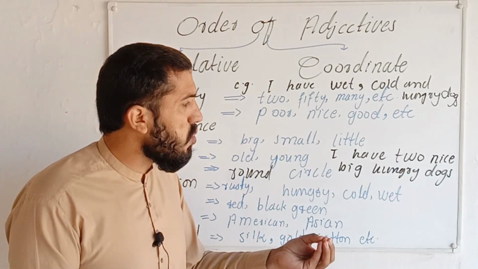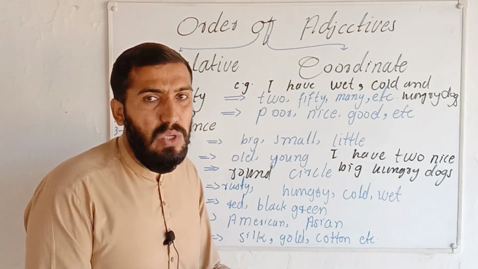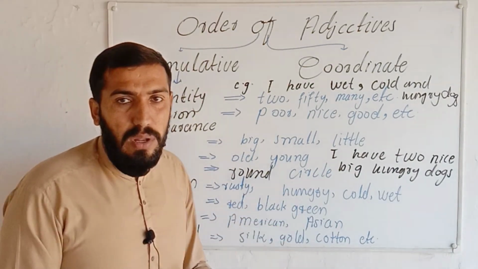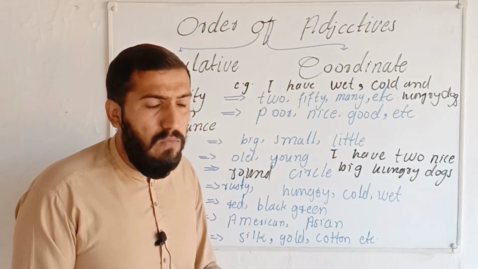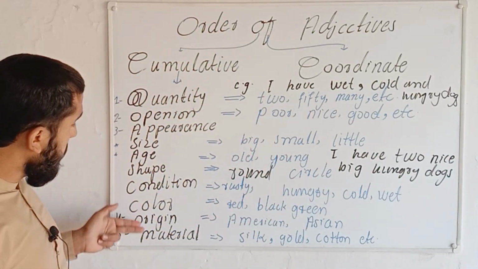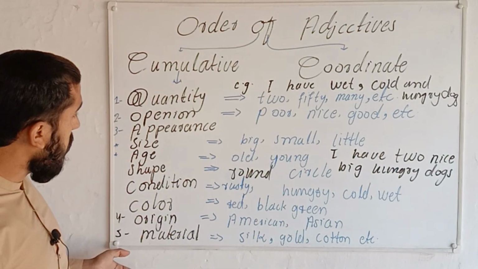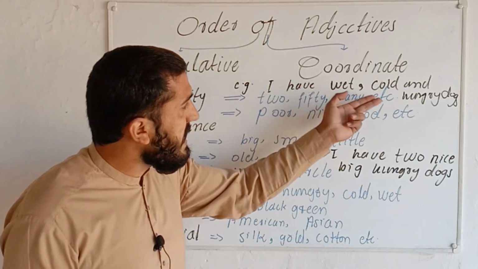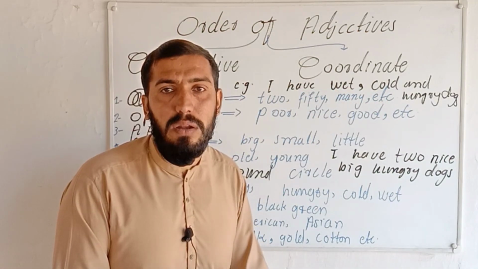Therefore, you should use only two or three adjectives before a noun. Pretty simple. Follow this structure. Keep in mind this particular order. And for coordinate adjectives, you do not need a particular order.